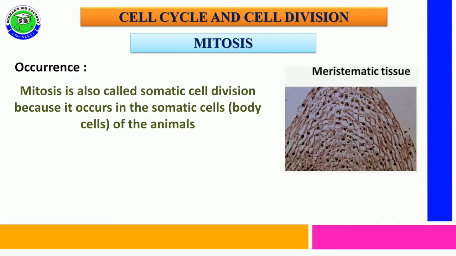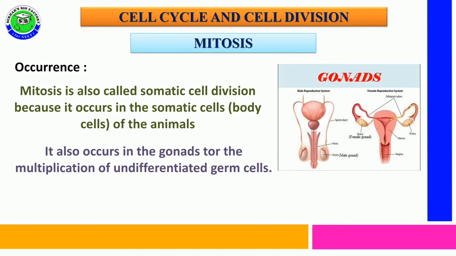In plants and animals, the body cells perform growth with mitosis division only. In plants, mitosis division is the main characteristic feature of meristematic tissue. This mitosis division also occurs in gonads, like the male reproductive organ testis and the female reproductive organ ovary.